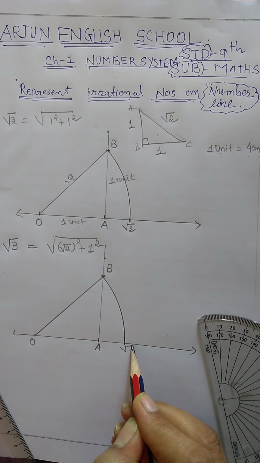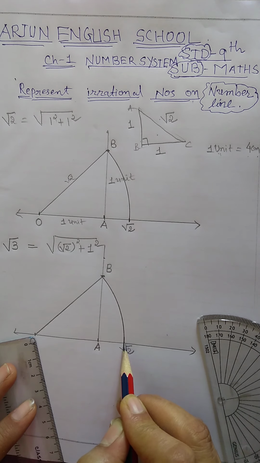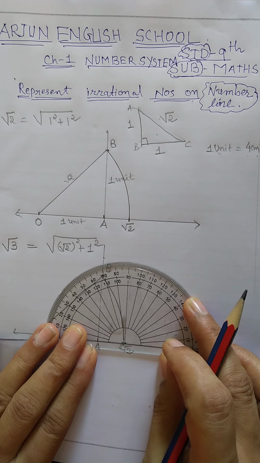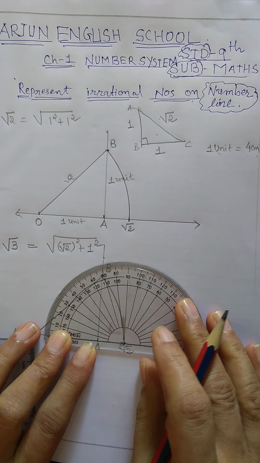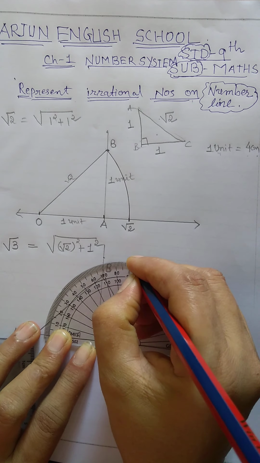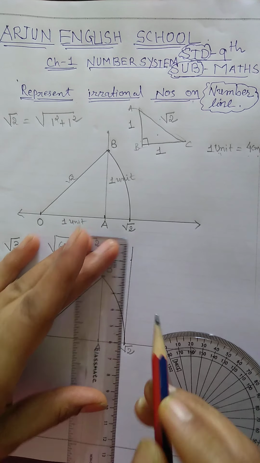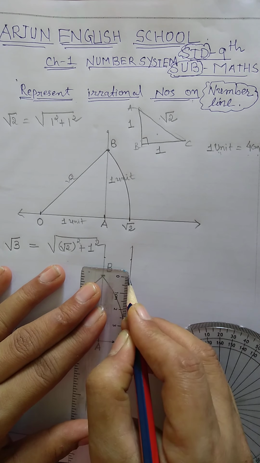This represents root 2. Now from this point again I can draw a 90-degree angle. On this 90-degree line again I will take one point for 1 unit.